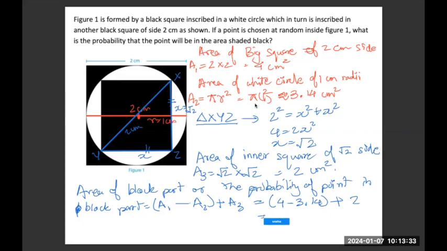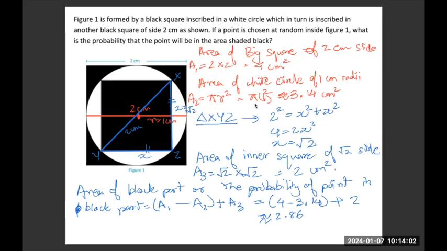So this will be approximately equal to 2.86. Just cross-checked. So this is the area of the black part.